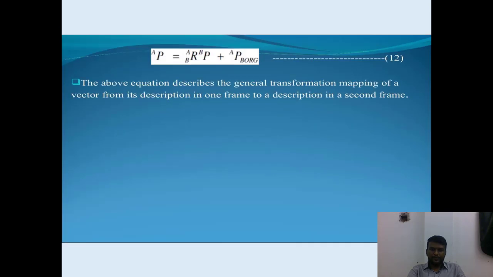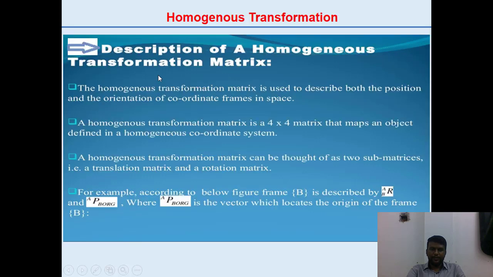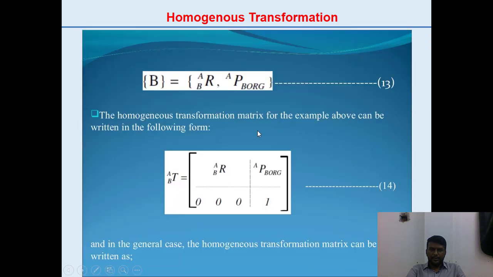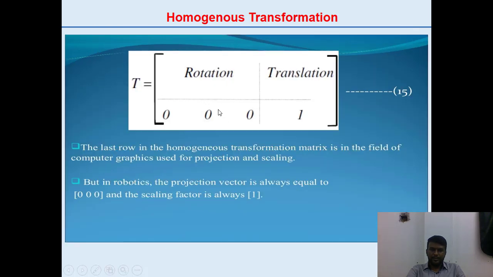For these two things, the rotation and the translation, we need the homogeneous transformation matrix. A homogeneous transformation matrix is a combination of rotation and translation. In robotics, we don't need this part.